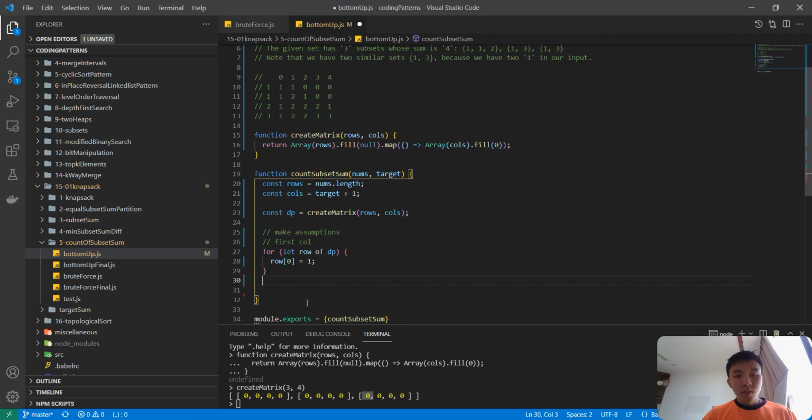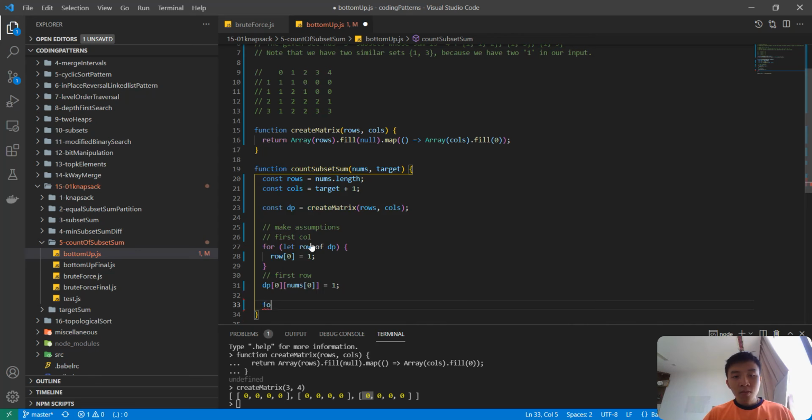So okay, the first row would be dp first row, and we want a column that is equal to the first number of our input. So it would be nums at index 0. Also, it will be 1.